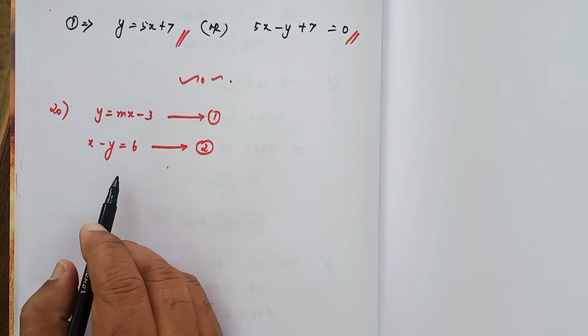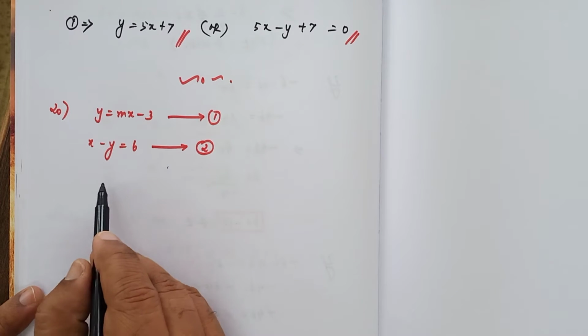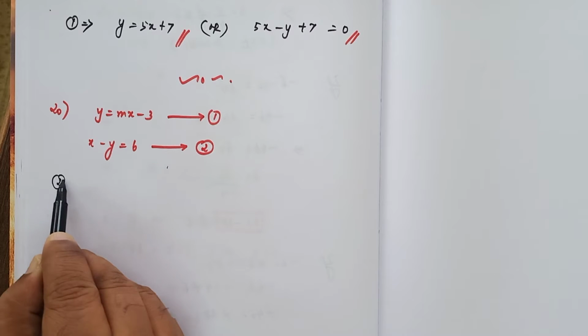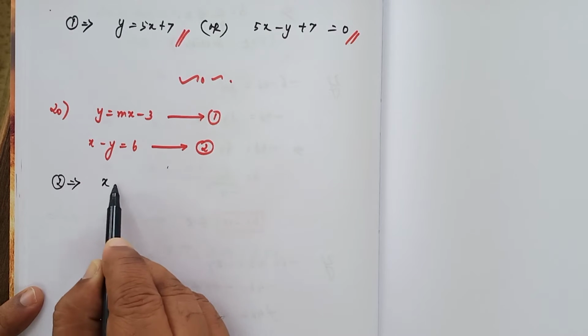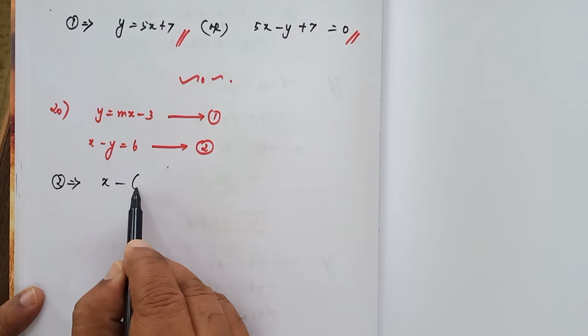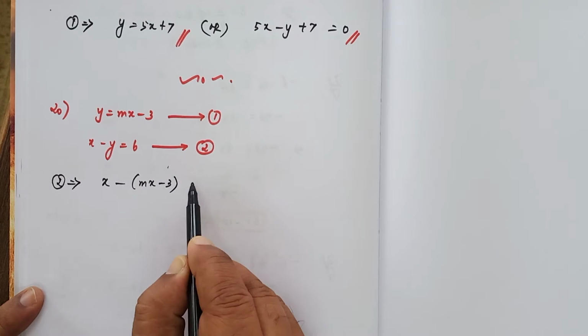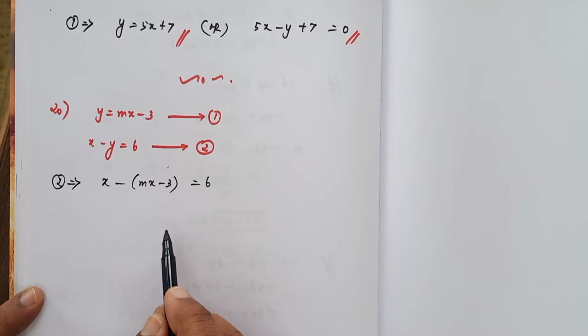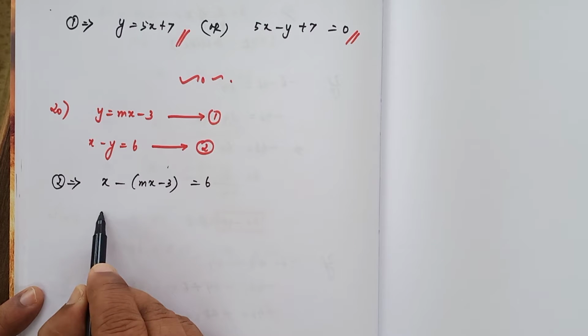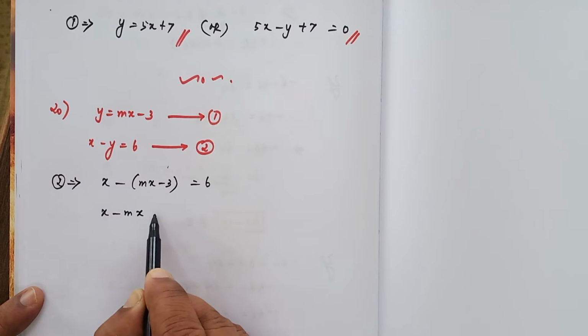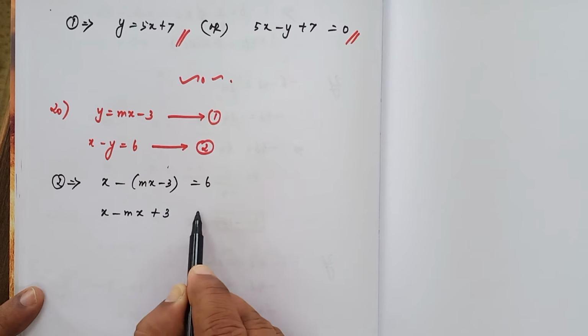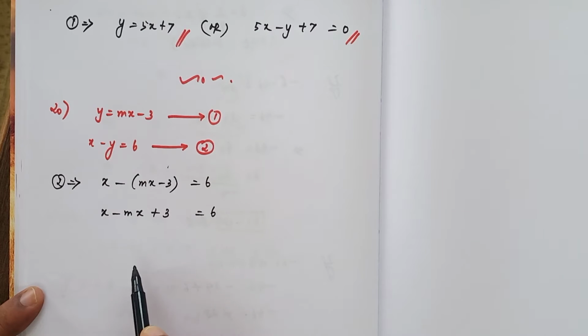Here we have the equations. I solve the equations by substitution method. Equation 2 implies x - y, where y can be replaced by mx - 3, equals 6. So x - mx + 3 = 6.